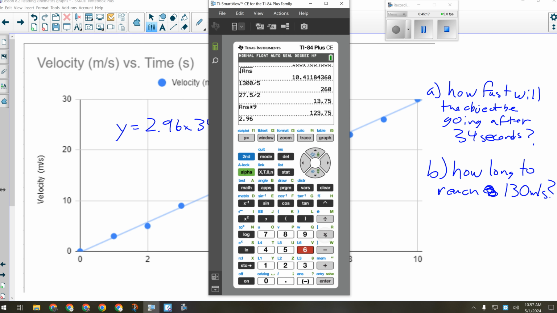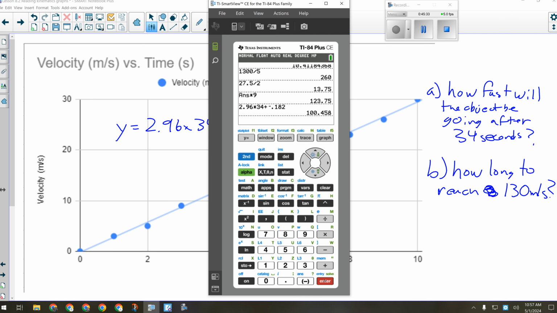So after 34 seconds, this thing will be going 100.5 meters per second forward.